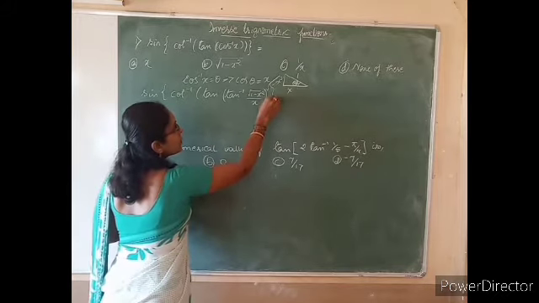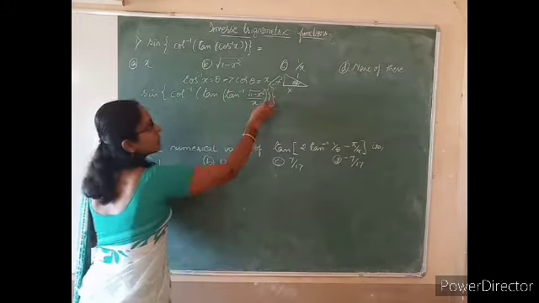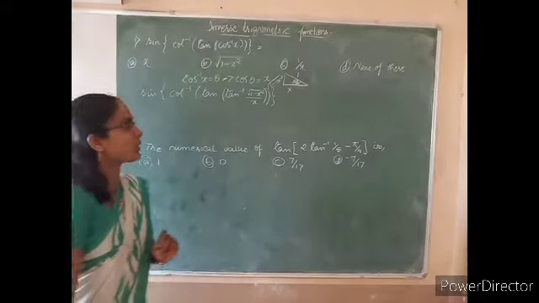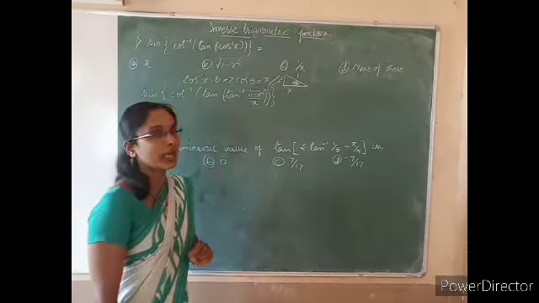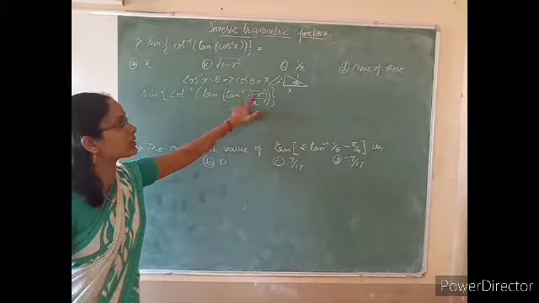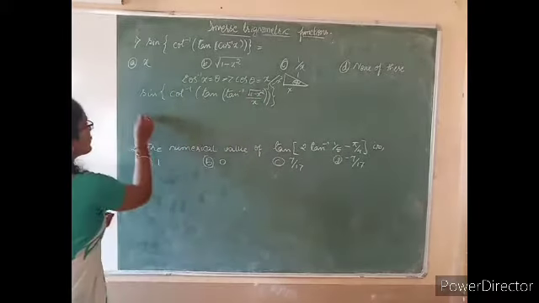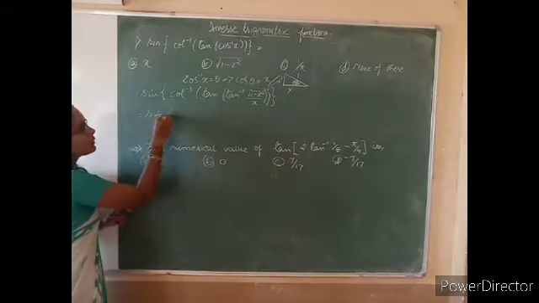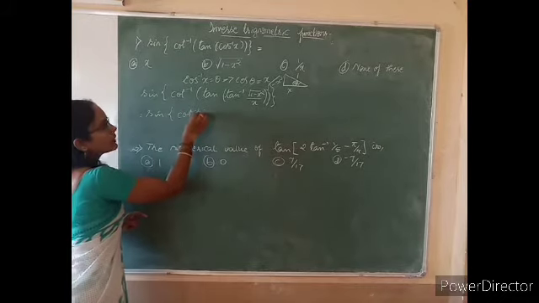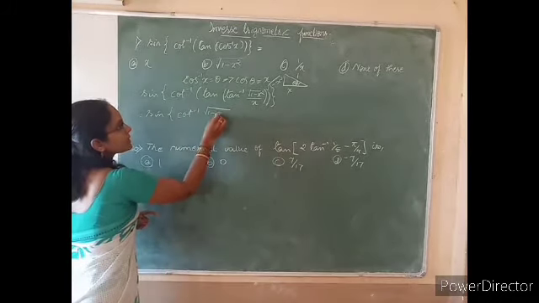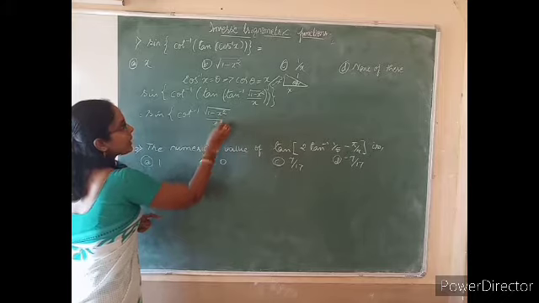Tan of tan inverse of x is x itself. Therefore this is sine of cot inverse of square root of 1 minus x square divided by x.